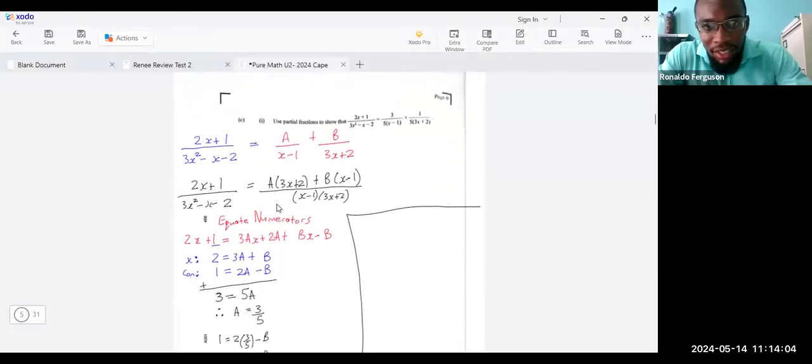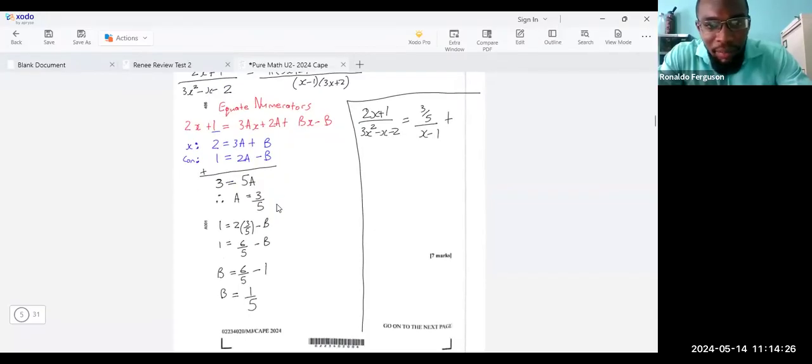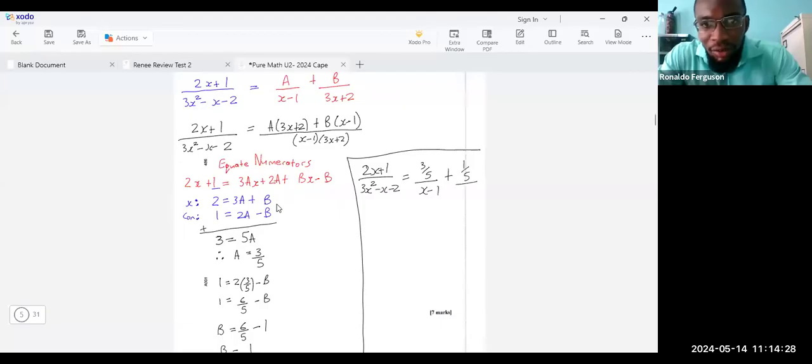So the partial fraction 1 over 3x squared minus x minus 2 is equal to a over x minus 1, a which is 3 over 5, so 3 over 5 over x minus 1, plus b which is 1 over 5 over 3x plus 2.